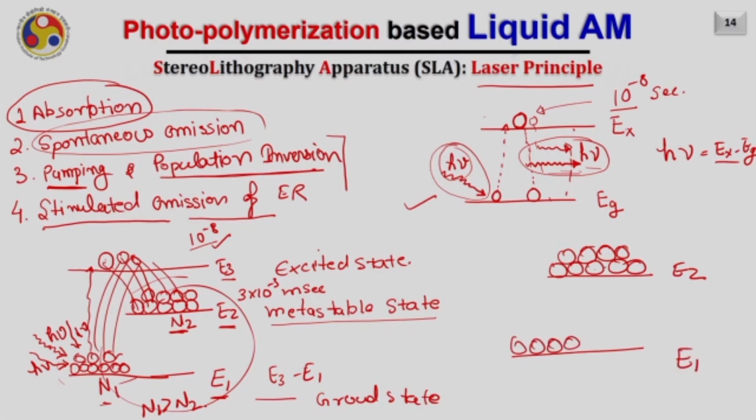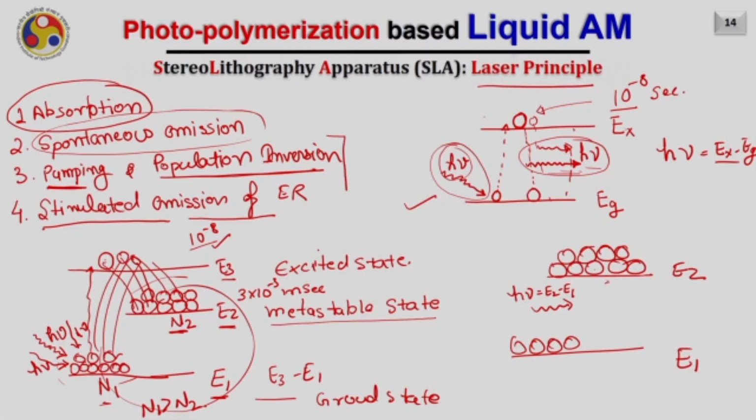Now what will happen when a photon of energy h nu, which equals E2 minus E1, is incident from an external source on the active medium or active system? The light energy in the form of the photon stimulates electrons in the state n2 to undergo transition to the state n1.